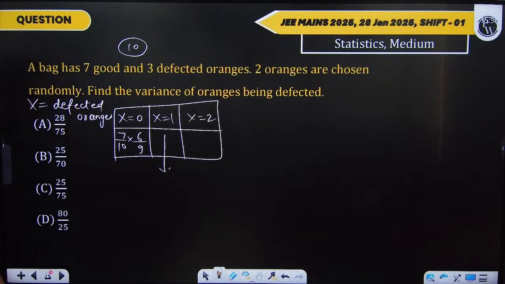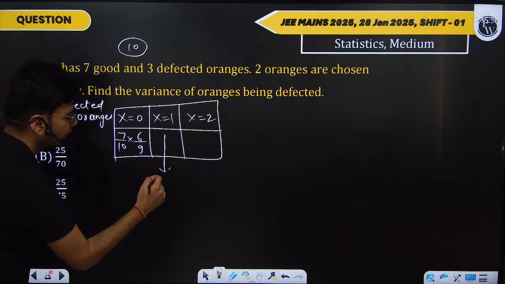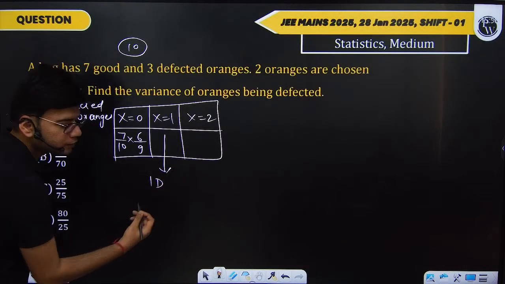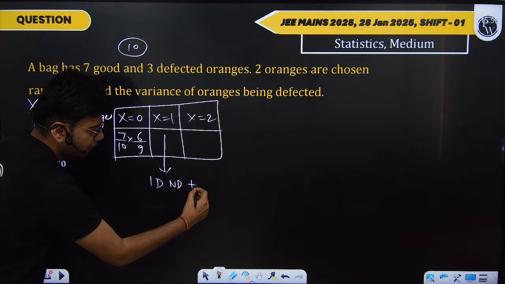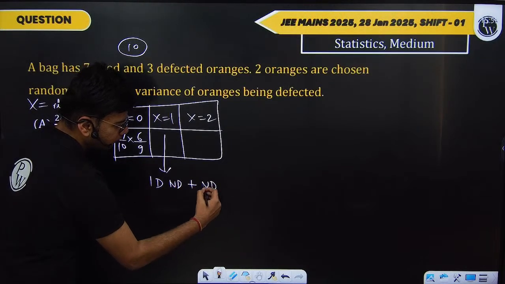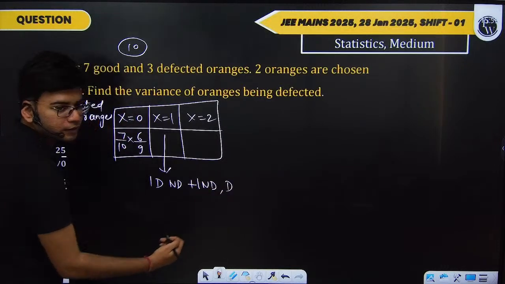Probability of x equal to 1: 1 defective, 1 non-defective. Either you can get the first one as defective and the second one as non-defective, or the first as non-defective and the second as defective.